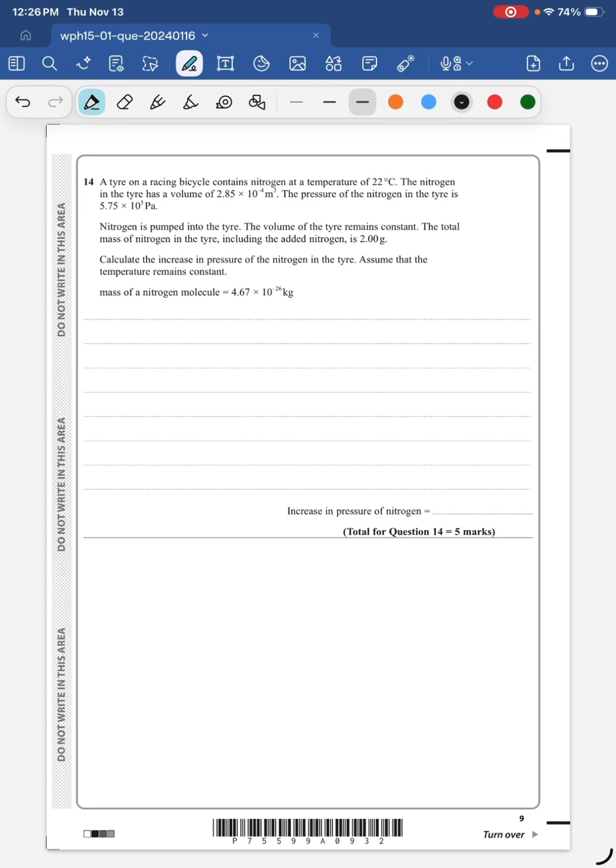So, first of all, let's find the number of molecules. The mass is 2 grams, but the mass is given by the number of nitrogen molecules times the mass of one nitrogen molecule, and this is equal to 2 grams, which is 2 times 10 to the negative 3 kilograms. Don't forget to convert to kilograms because they give us the mass in kilograms.